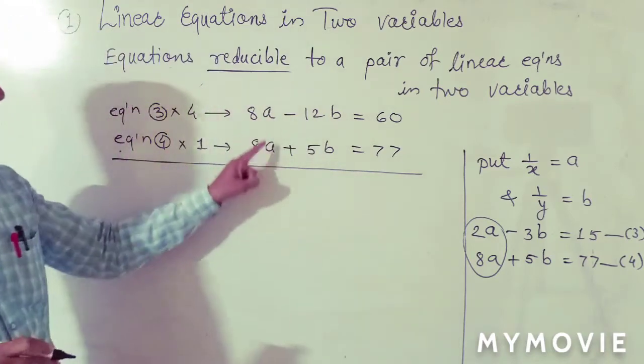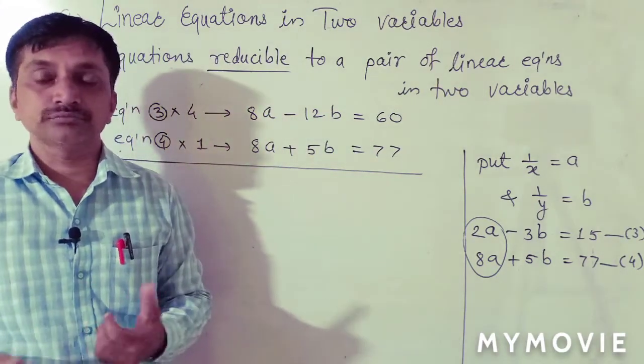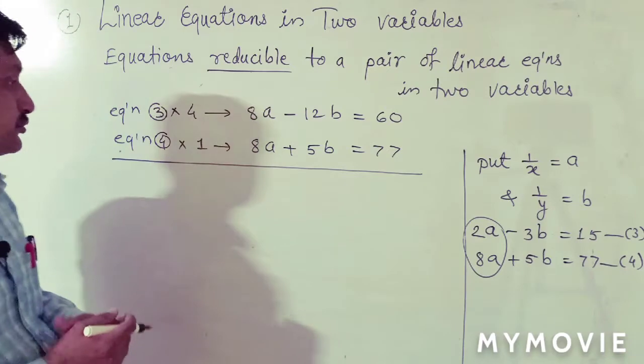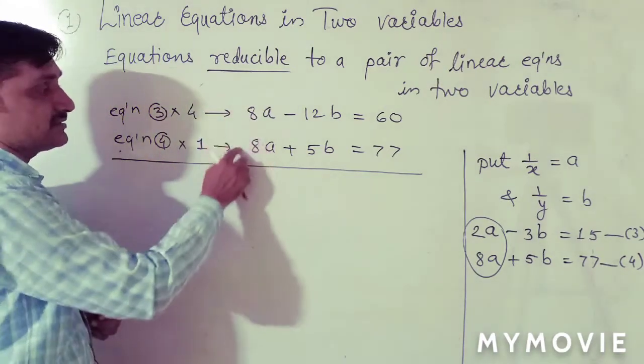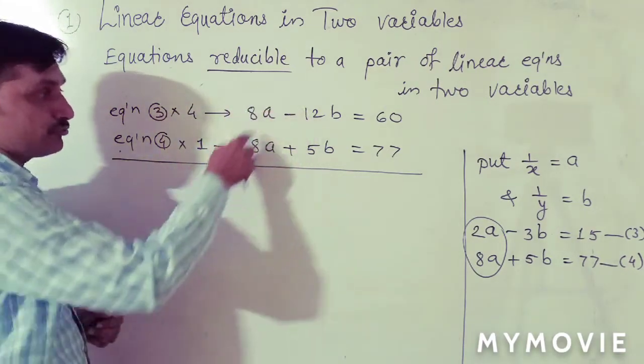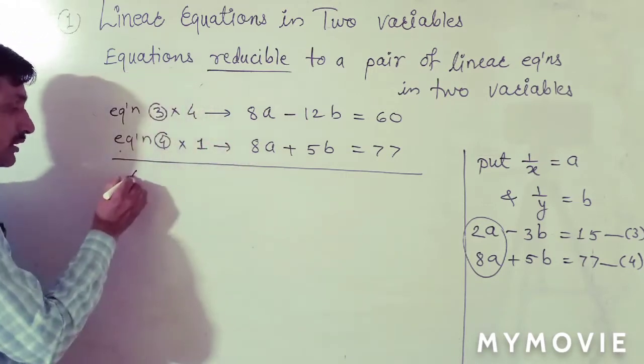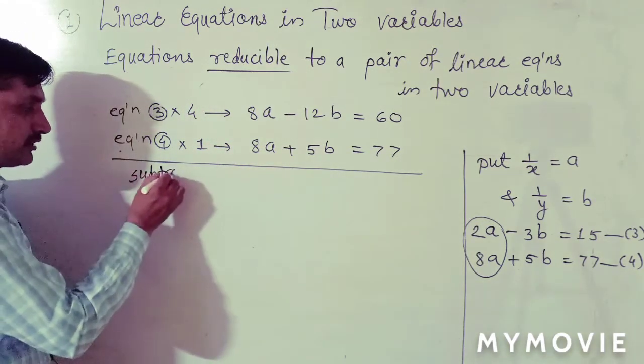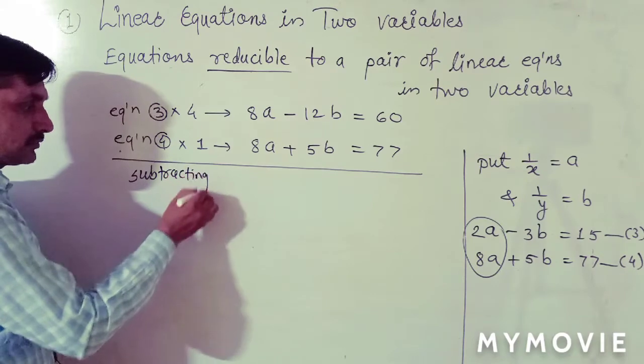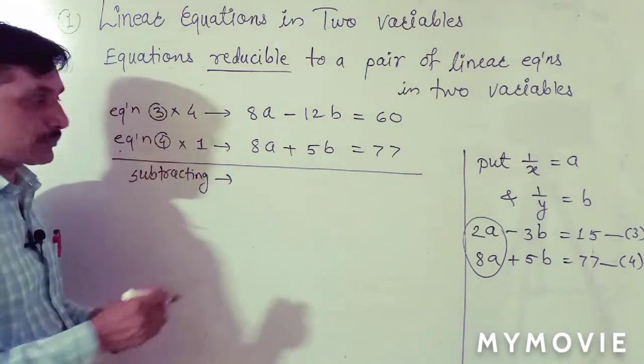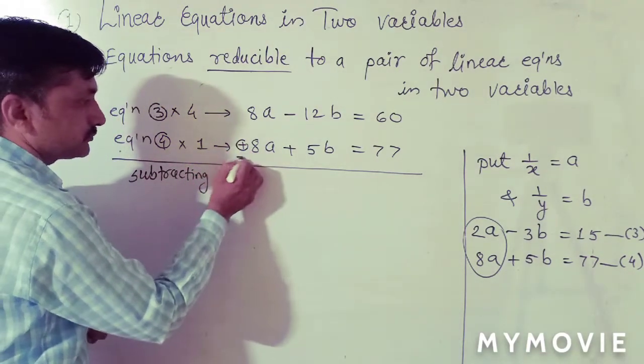Now here you see 8a, the coefficients are also same, but their signs are same. For elimination, we want opposite signs, and if you want opposite signs, we have to subtract. Then after subtracting, the signs will change.